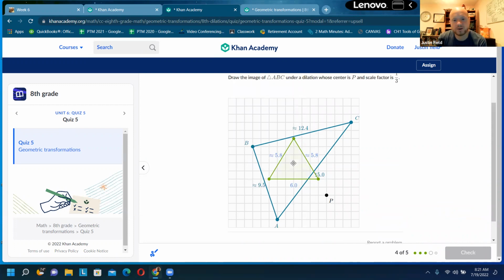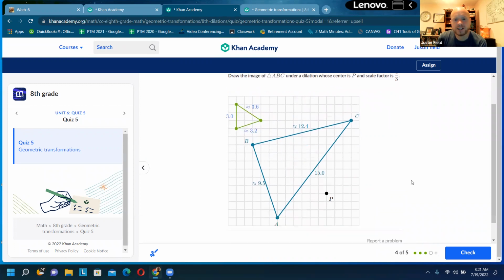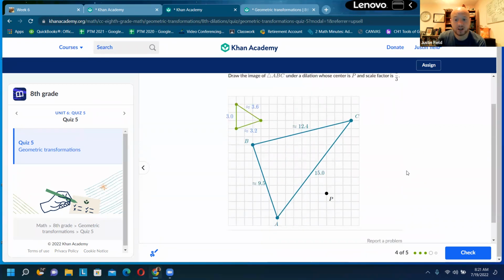Oh, okay, I like this one because I want to actually do a dilation with you. I was talking earlier about moving the same distance from the center. Now in this one, we actually get to do that. So pay close attention to this and take time to draw it on your paper. Our scale factor is 1/3.